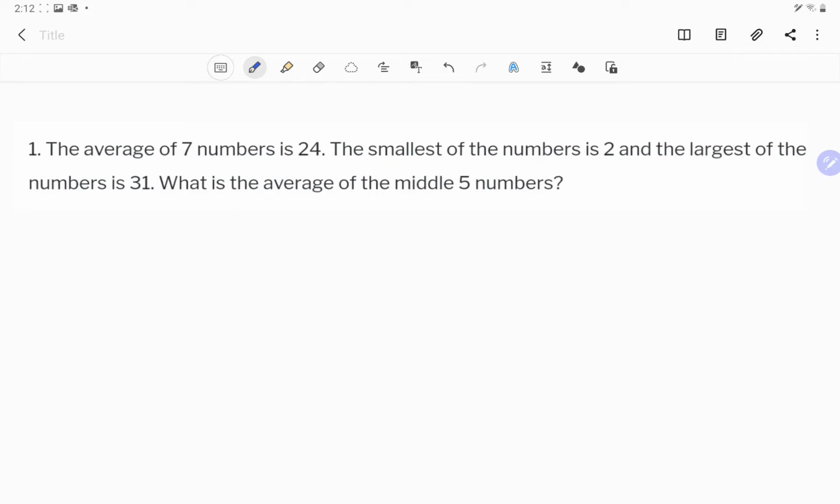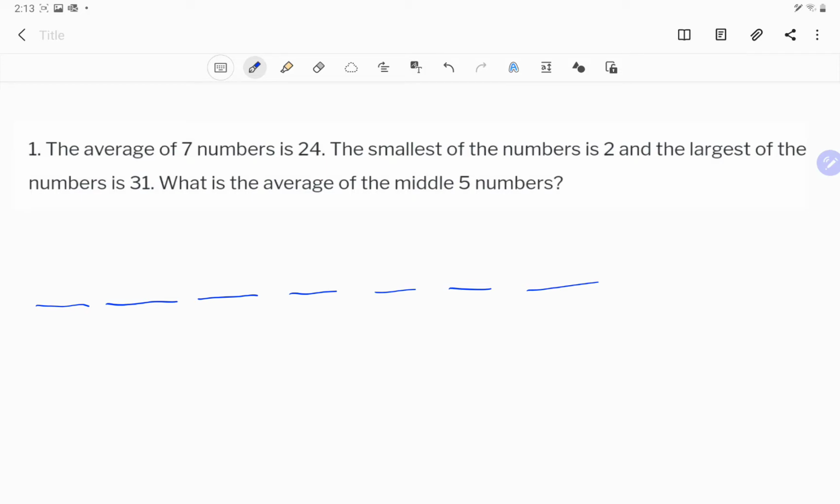The reason why I said it is not a series is because it was not mentioned here, but we are going to arrange it from the smallest to the biggest. So we have 7 numbers here according to the problem: 1, 2, 3, 4, 5, 6, 7.